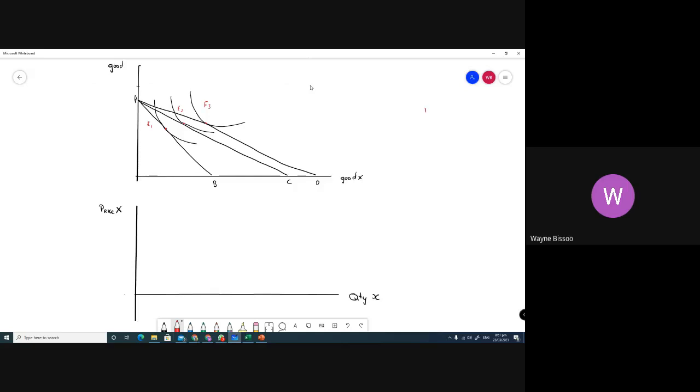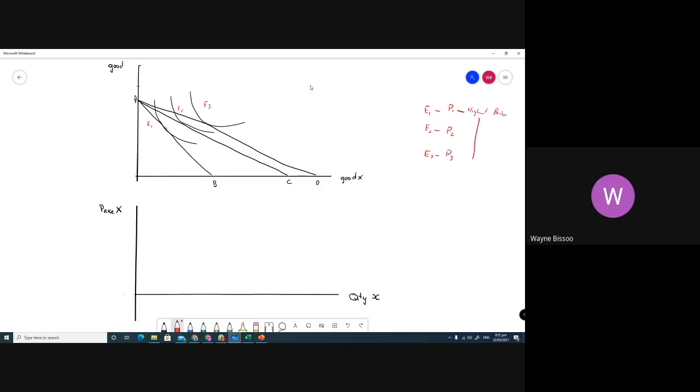So E1 occurred when price was at P1. E2 occurred when prices are at P2, and E3 would be when prices are at P3. Now P1 is the highest price, okay? So let's say P1 is the highest price, just to make sure we remember that.